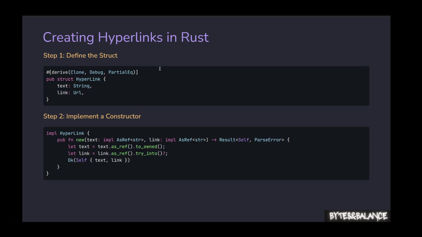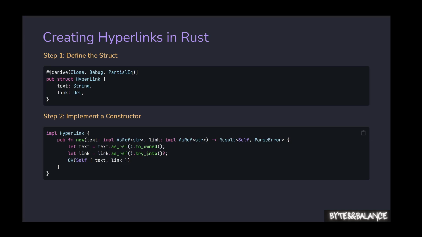Inside the constructor, what you can see is we convert the text parameter to an owned string using to_owned, because we want the hyperlink struct to own its text data fully, independent of the original source. It is important because it avoids issues related to borrowing and lifetimes. And then the second thing that we do, we use try_into to parse the URL parameter into a URL.